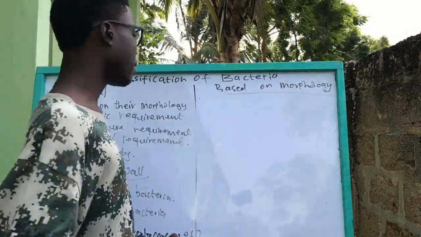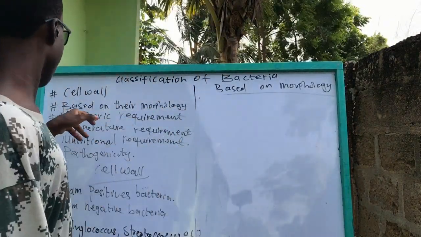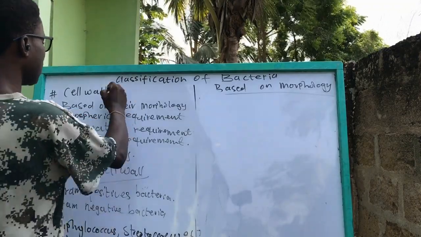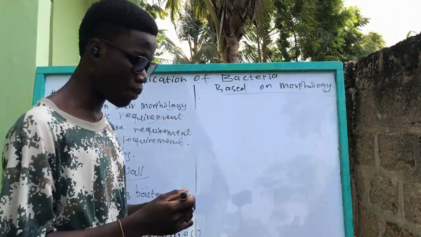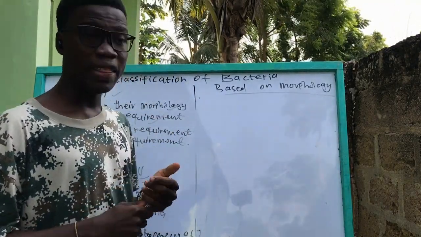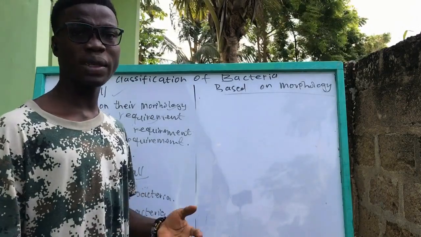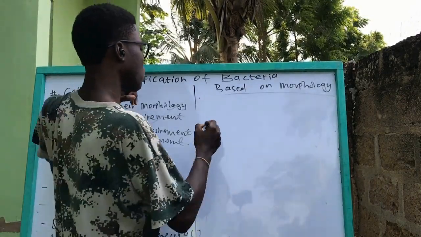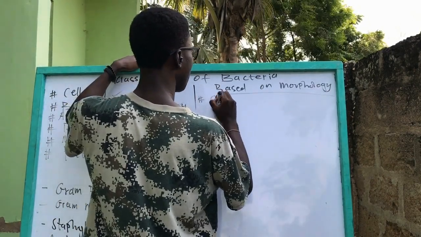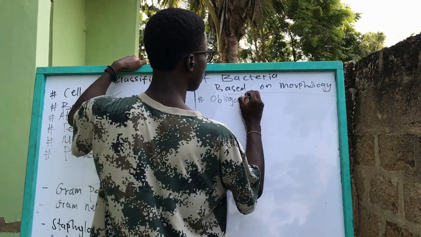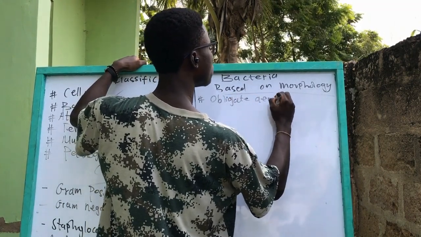Now we are going to classify the bacteria based on their. Now we are done with their cell wall, we are done with their morphology. Now we are going to talk about their atmospheric requirements. So the atmospheric requirements also groups bacteria into various forms. So we have the obligate aerobes.